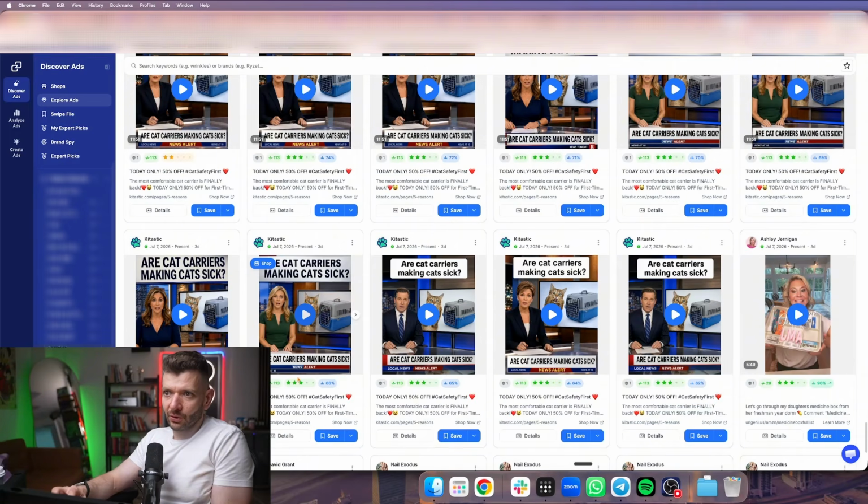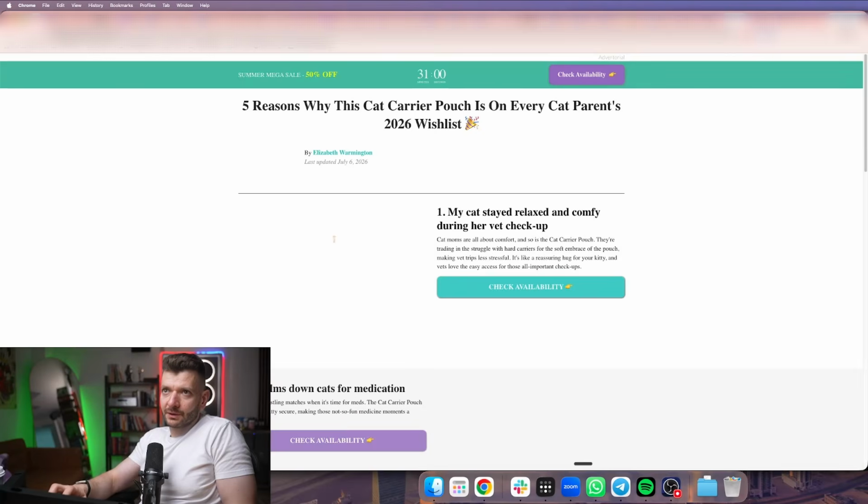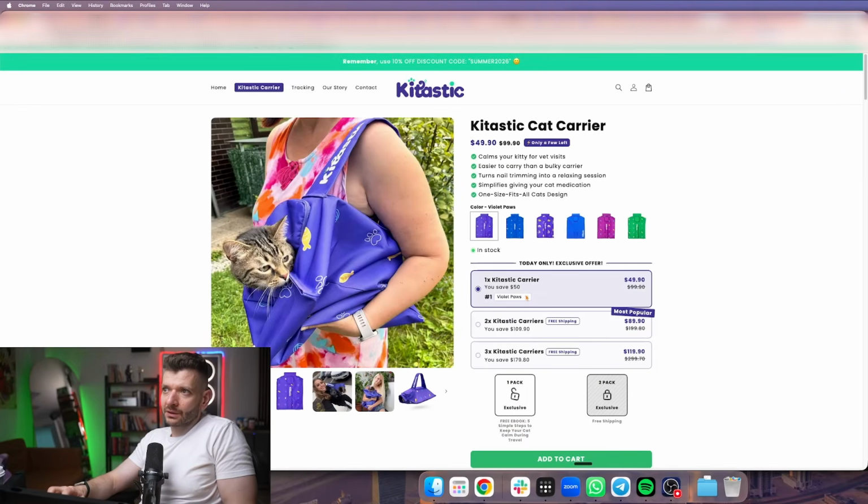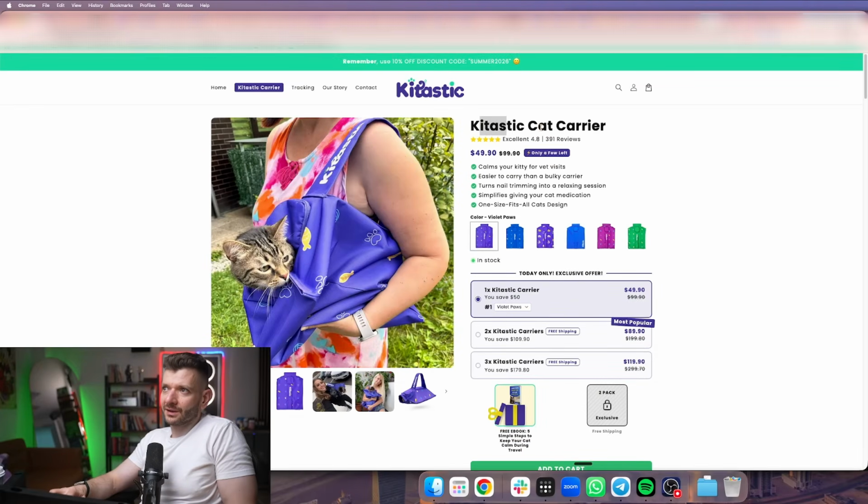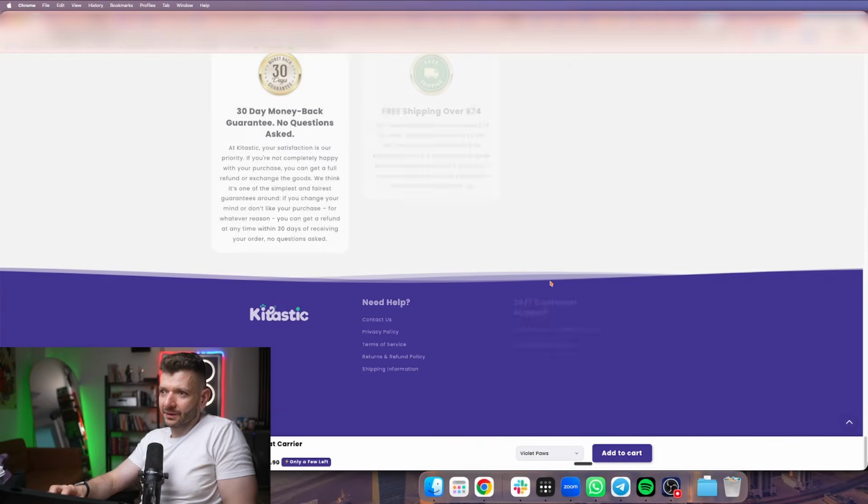So you would run these long ads, like 11 minutes long, and that is super scalable. That ad can run for a very long time. In this particular case, I don't know what kind of product it's selling, this cat carrier, definitely a drop shipping product.